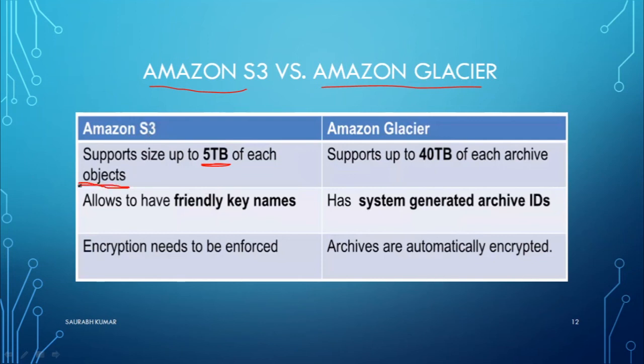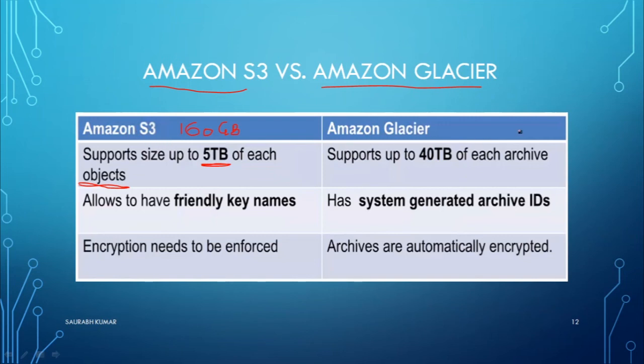So the maximum size of a single object can be up to 5 terabytes. That is when you are accessing your bucket maybe through the CLI. But if you use the AWS console, what's the limitation? I guess you all know already, 160 GB. That's the biggest size of a single file that can be uploaded to Amazon S3.